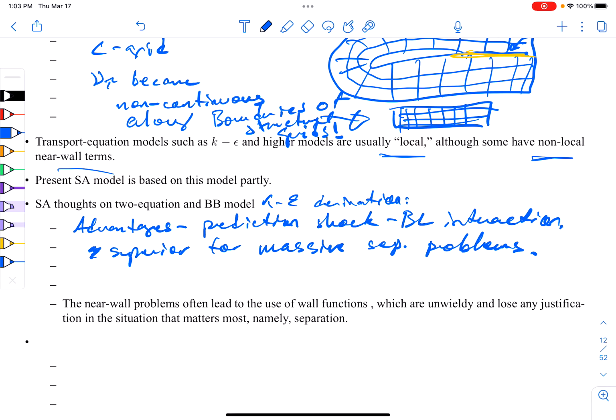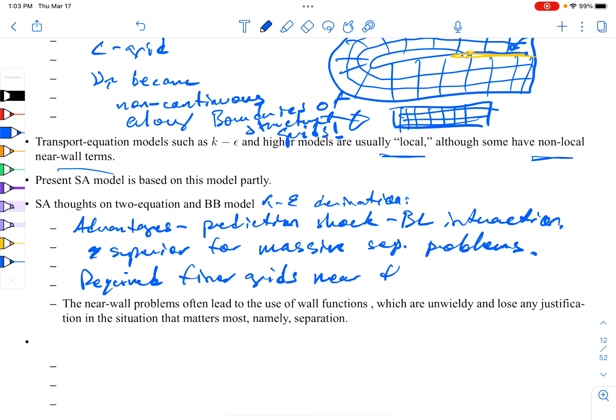If you have a bluff body or a wake of an aircraft. But unfortunately, they required finer grids near the wall. And that was seen as a problem.